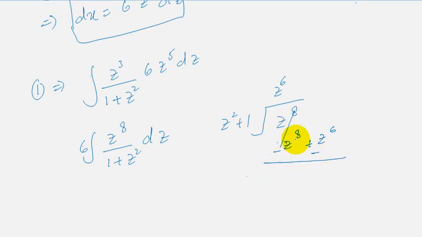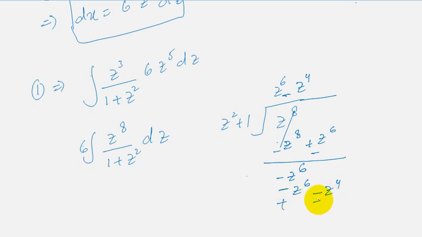This cancels out, so we are left with minus z^6. Now we put negative sign here, we multiply it by z^4 and we get minus z^6 minus z^4.